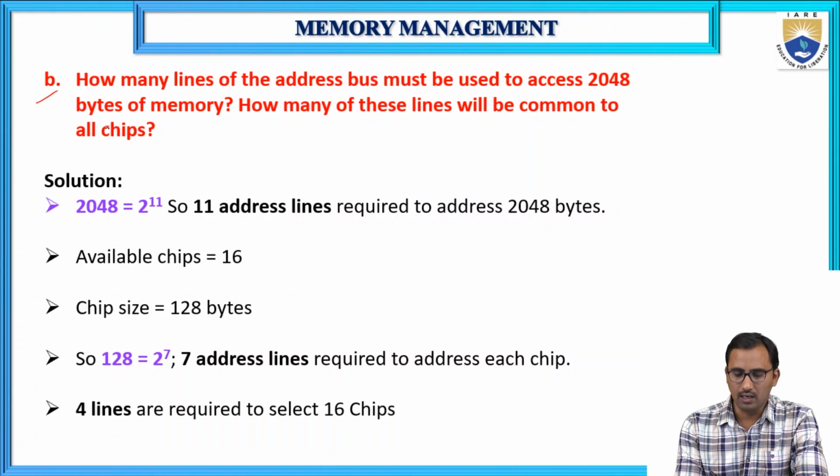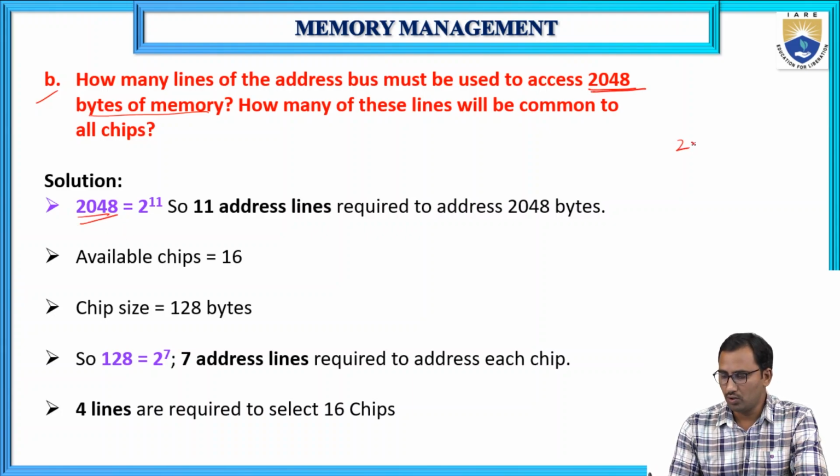And second one is how many lines of the address bus must be used to access 2048 bytes of memory? How many of these lines will be common to all chips? So previously we have seen how to determine the number of address lines required for a specific memory capacity. So here the memory capacity is 2048.